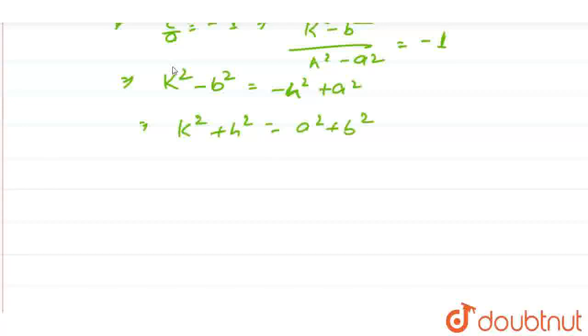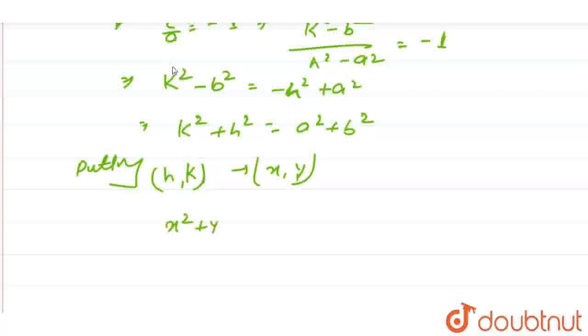Now we replace (h, k) with (x, y) to get the equation in proper shape. It becomes x square plus y square equal to a square plus b square.